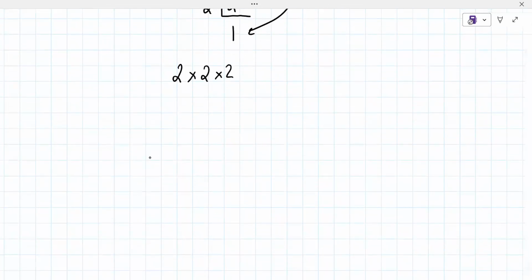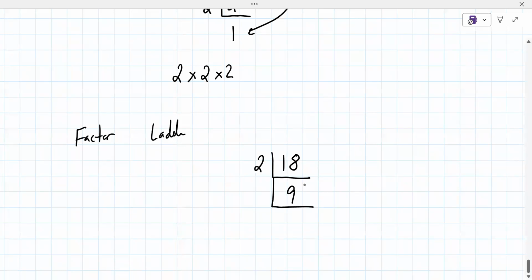So let's look at another one here. Let's look at a factor ladder for another number. Let's pick a bigger number. Let's pick 18. Okay. So you start with 2. Does 2 go into 18? Yep. It does. 9. Now, does 2 go into 9?